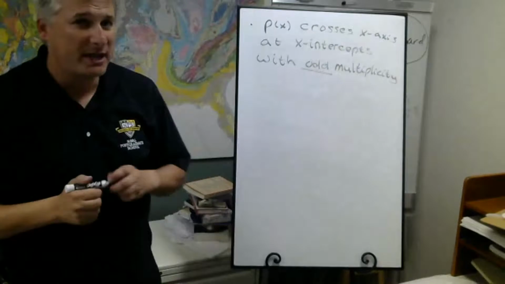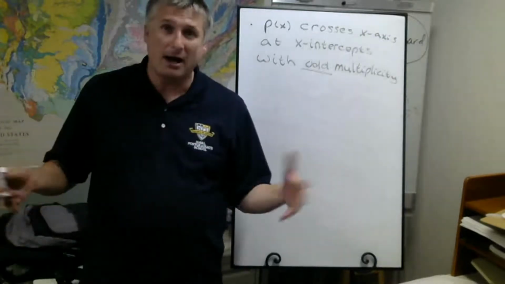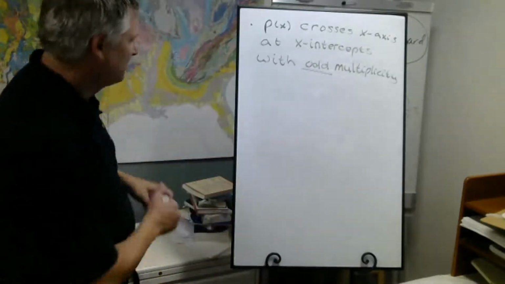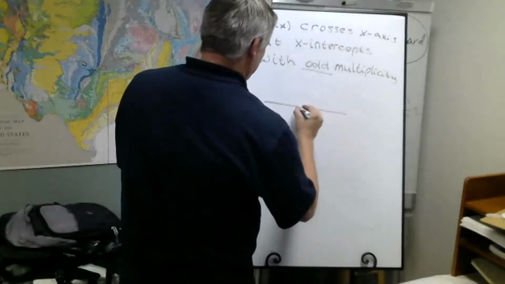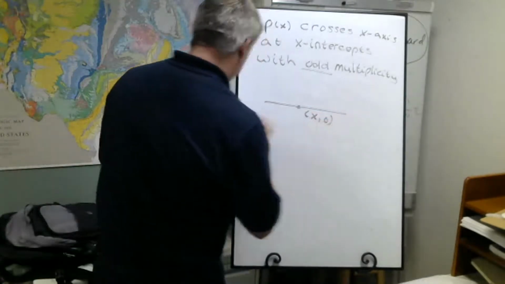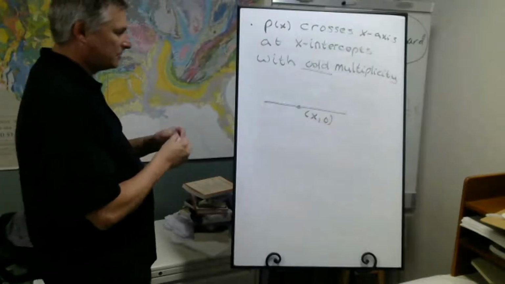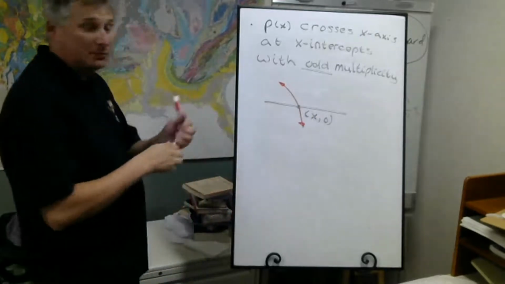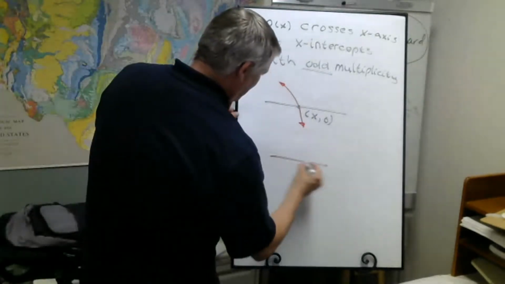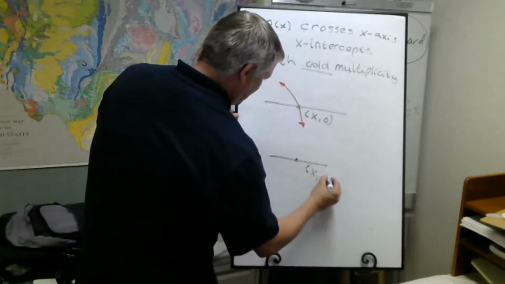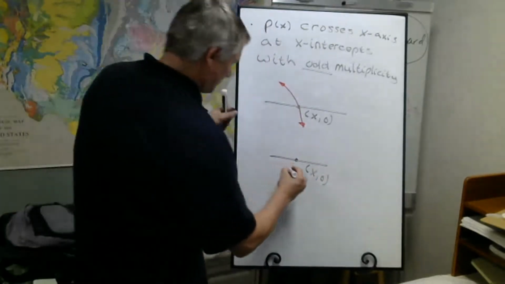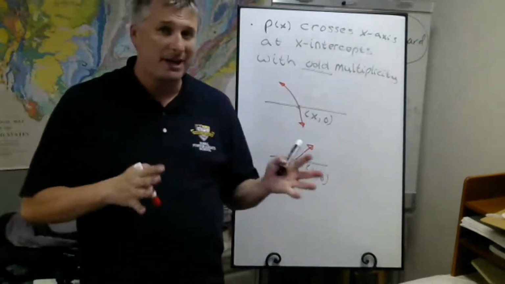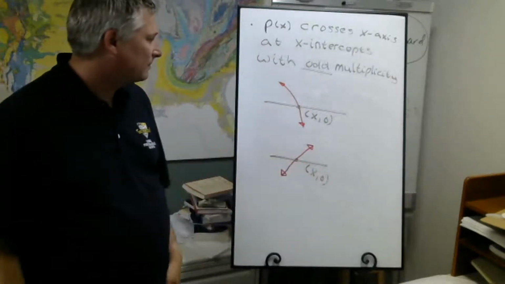So with odd multiplicity, and that can be multiplicity of 1 or 3 or 5 and so on, it's actually going to cross over the x-axis. So here's your x-intercept. Your polynomial will do something like this. Or maybe you'll do something like this. But it'll cross through the x-axis at that x-intercept.